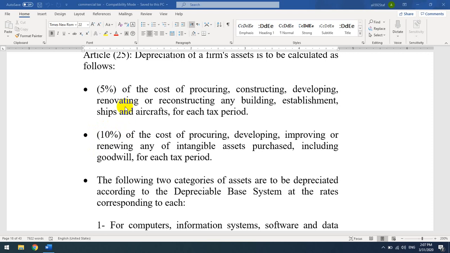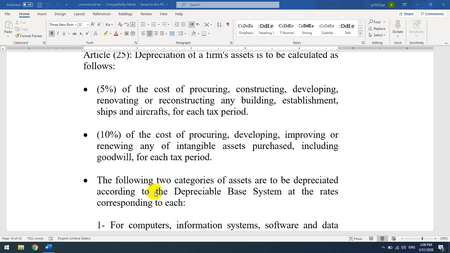By the way, the 5% and the 10% apply to the historical cost, all the amount expended to acquire the fixed asset, with a zero salvage value. In the cases of buildings and intangible assets, the salvage value equals 0.